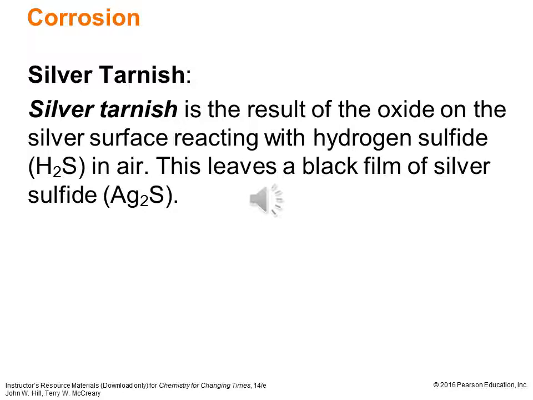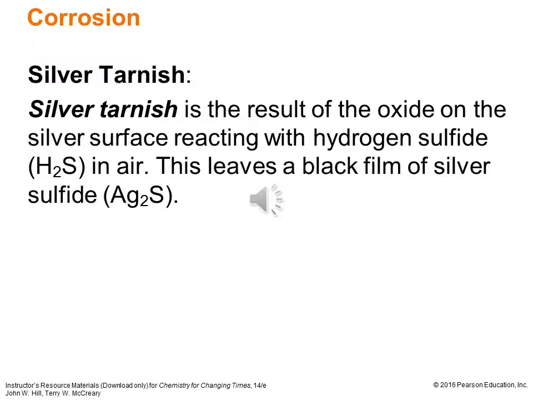Okay, another problem you might have encountered in daily life is silver tarnish. And silver tarnish is the result of oxidation of silver, typically because of hydrogen sulfide, which is present in very small amounts in the air.